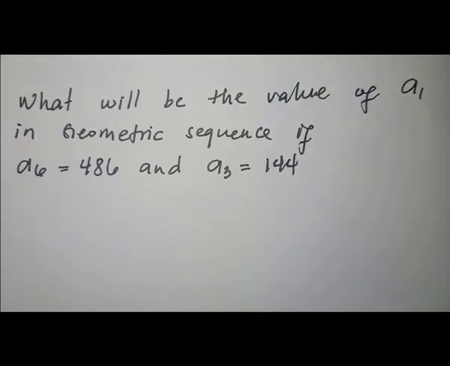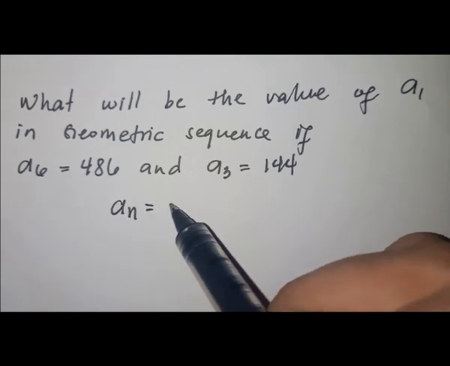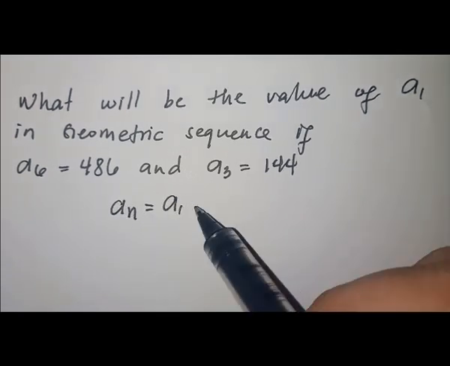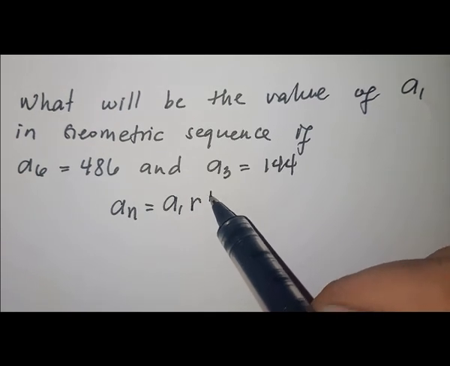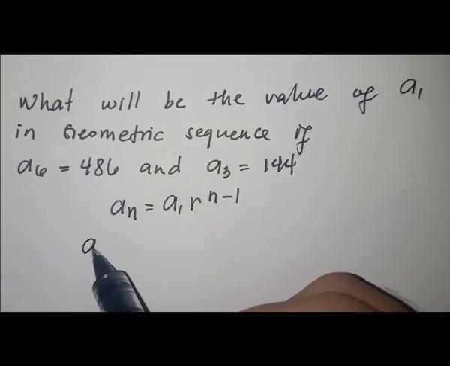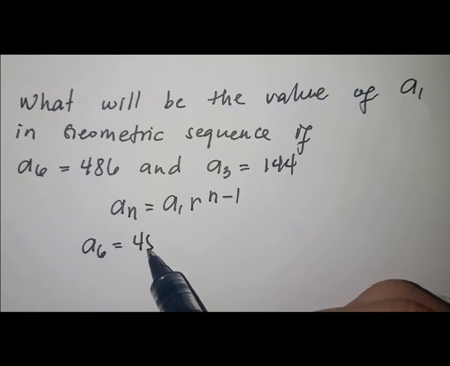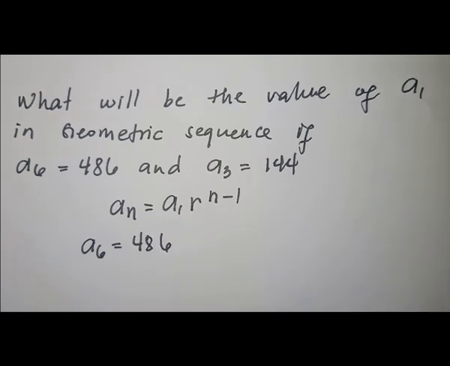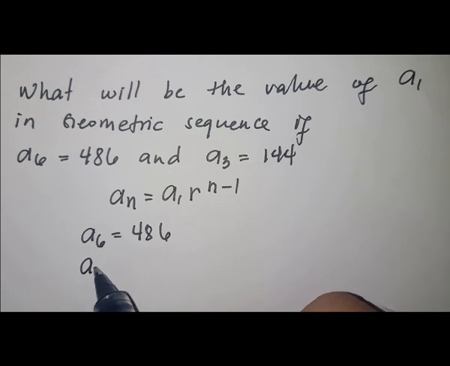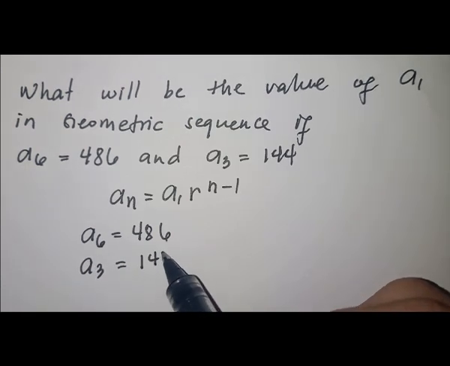So, syempre sulat na natin yung formula. A sub n is equal to a sub 1 times r raised to n minus 1. Ang given lang na meron tayo ay yung a sub 6, which is equal to 486, at yung a sub 3 na equal naman sa 144.